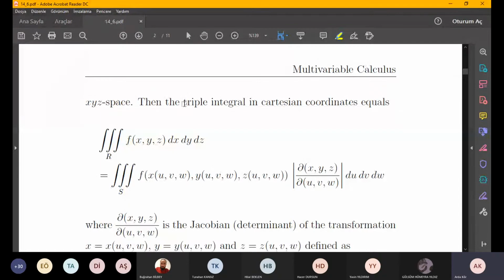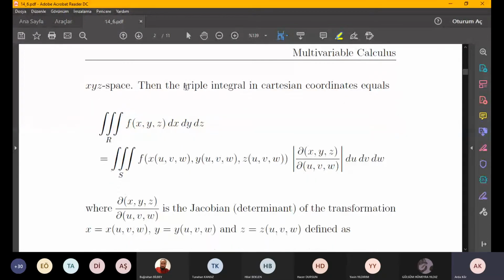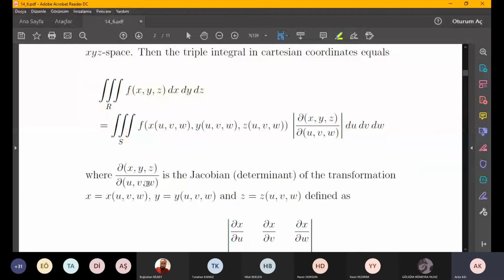Then the triple integral in Cartesian coordinates, which we already defined, equals the triple integration of f(x(u,v,w), y, z), so you write f(x, y, z) in terms of u, v, and w, times the absolute value of the Jacobian times du dv dw.